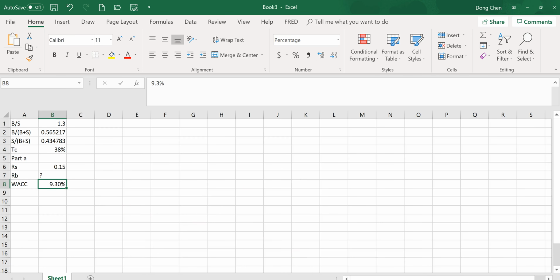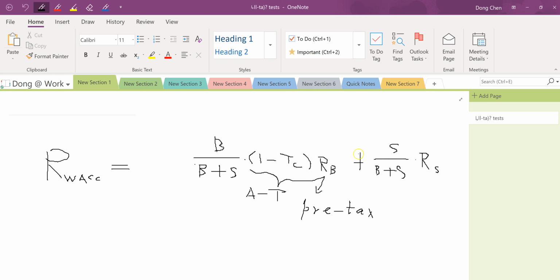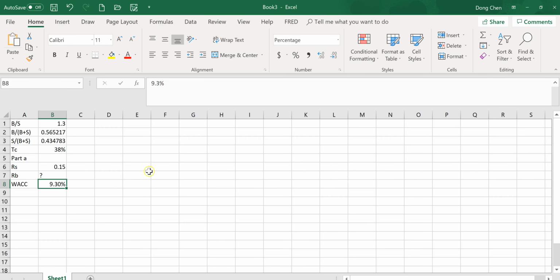Going back to the formula, if we know the pre-tax cost of debt, and because we know TC, 38%, and we have already calculated B over B plus S and S over B plus S, and we also know RS as provided, we can calculate our WACC. That's if we know RB.